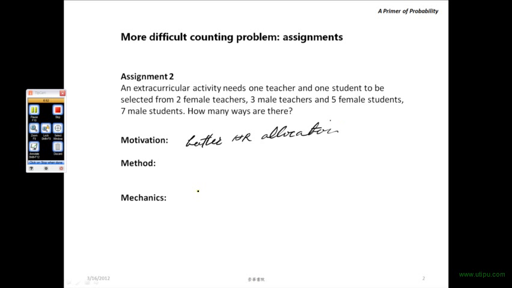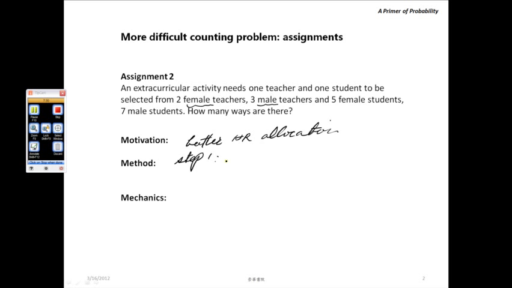Let's figure out the method. As before, the key is to clarify whether it's a step-in-type or type-in-step problem. Immediately, we find it's a 2-step job. Step 1 involves selecting 1 teacher from the 2 types of teachers, male or female.